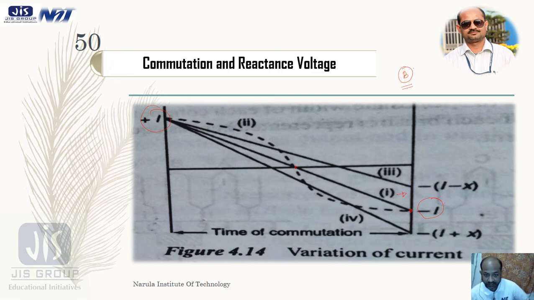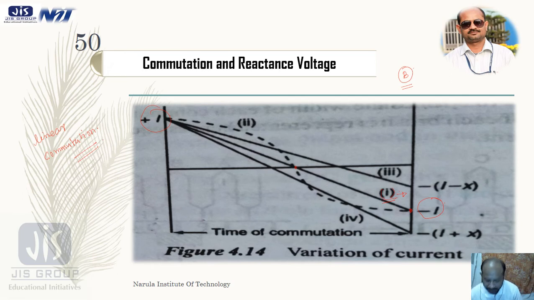Now if this reversal of current takes place in a linear manner, as shown in curve 1, it is called linear commutation.